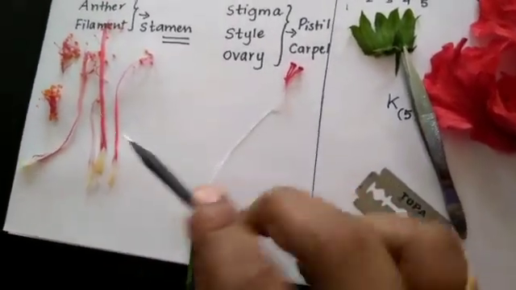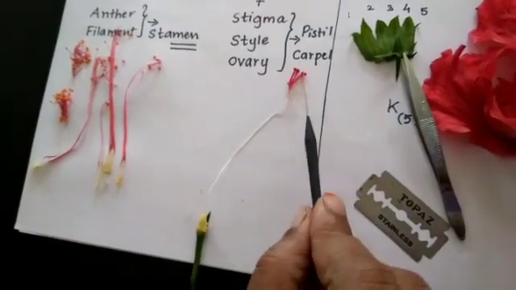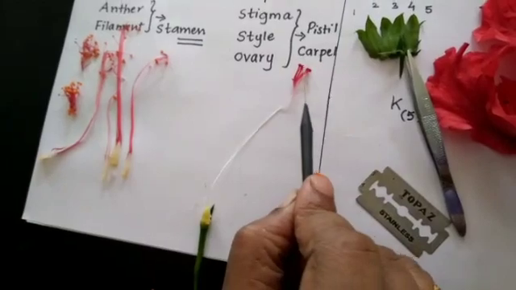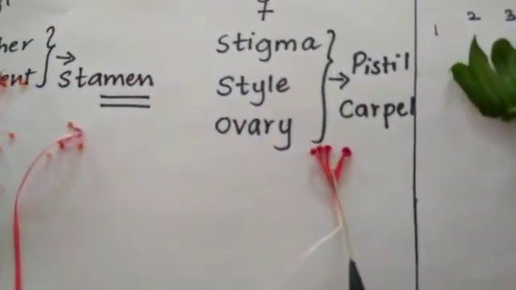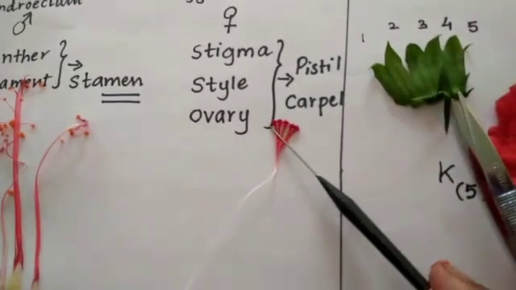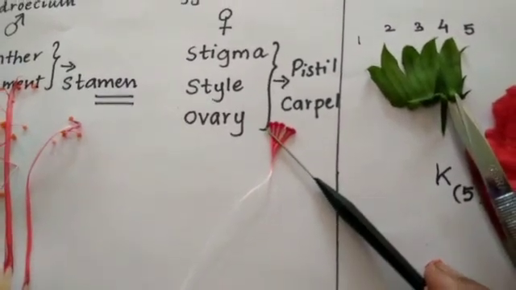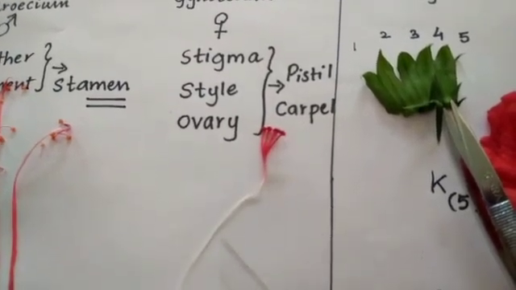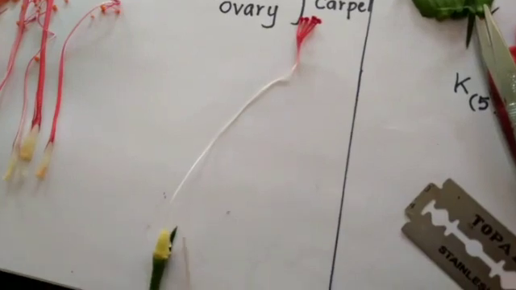I have separated these 2 things: this is the gynoecium and this is the androecium. You can see here the carpels, the complete carpel region. These are the stigmas, 5 stigmas you can count. Then this portion is the style, and this is the ovary.